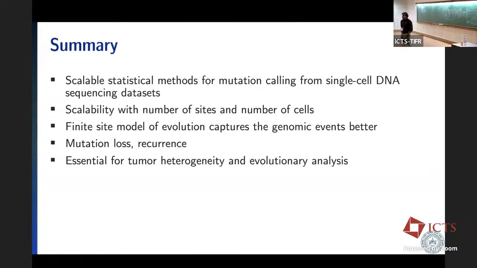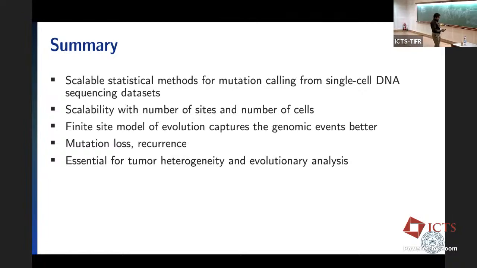So people are generating ATAC-seq data. People are developing even methods for RNA sequencing data, even though that is more noisy in terms of mutations. But we need more and more of this kind of scalable statistical methods. And we need to have this kind of scalability with respect to number of cells for sure, because most of the data sets nowadays are in thousands or even millions, right?